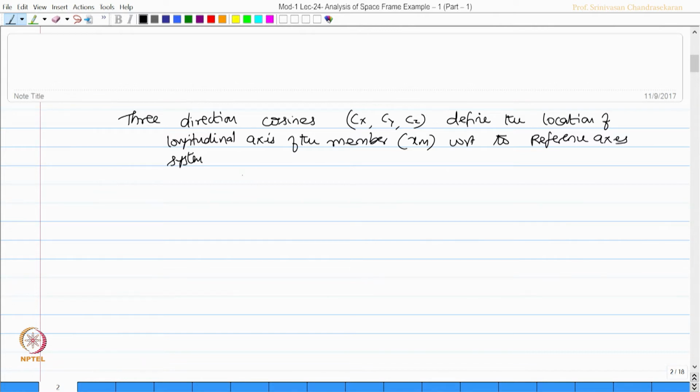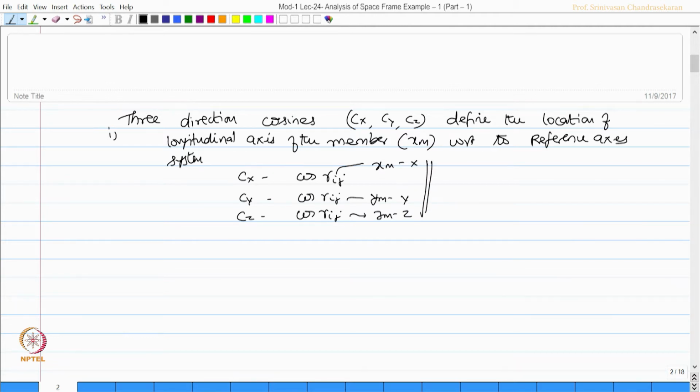Please understand, Cx deals with cos gamma ij, Cy deals also with cos gamma ij, Cz deals with cos gamma ij, where in this case i will be related to xm and x, in this case ym and y, in this case zm and z respectively.